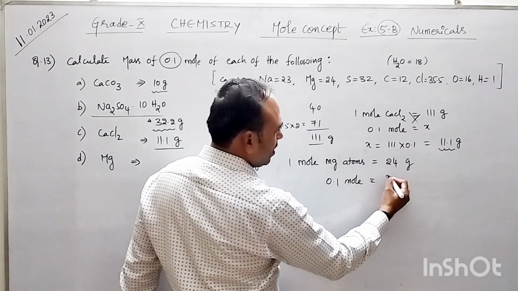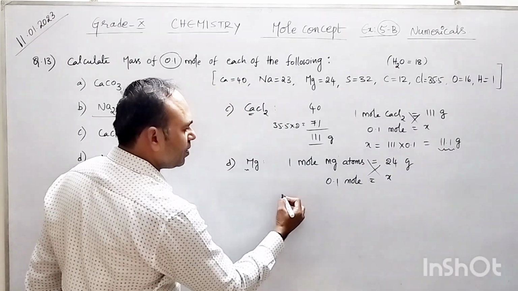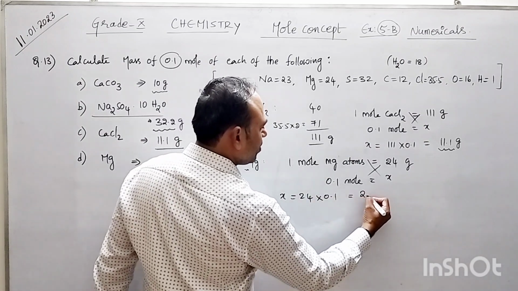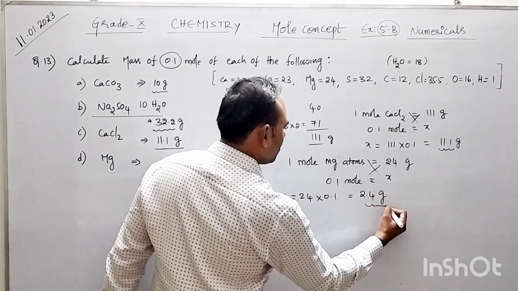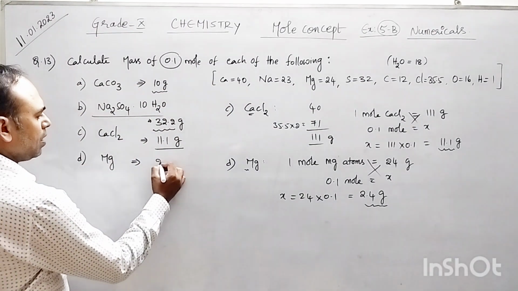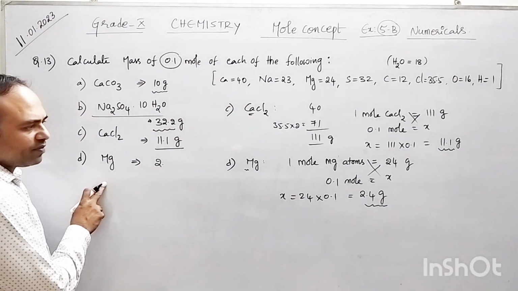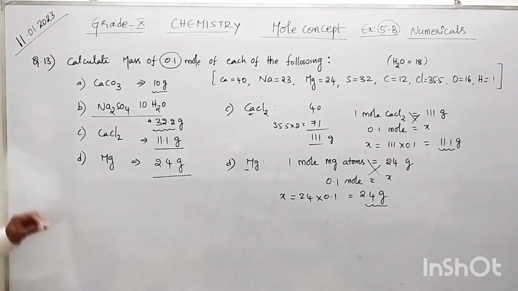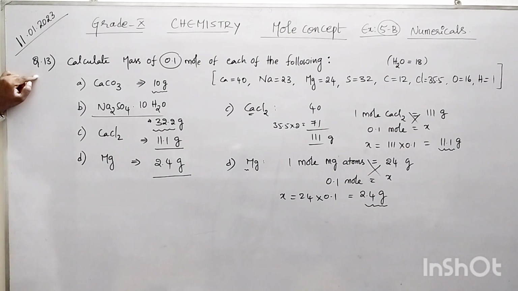For 0.1 mole of magnesium atoms, take it as X, cross multiply, X is equal to 24 into 0.1, which is 2.4 grams. The mass of 0.1 mole of magnesium is 2.4 grams. So with this we have completed the solution of question number 13. Let us move to question number 14.